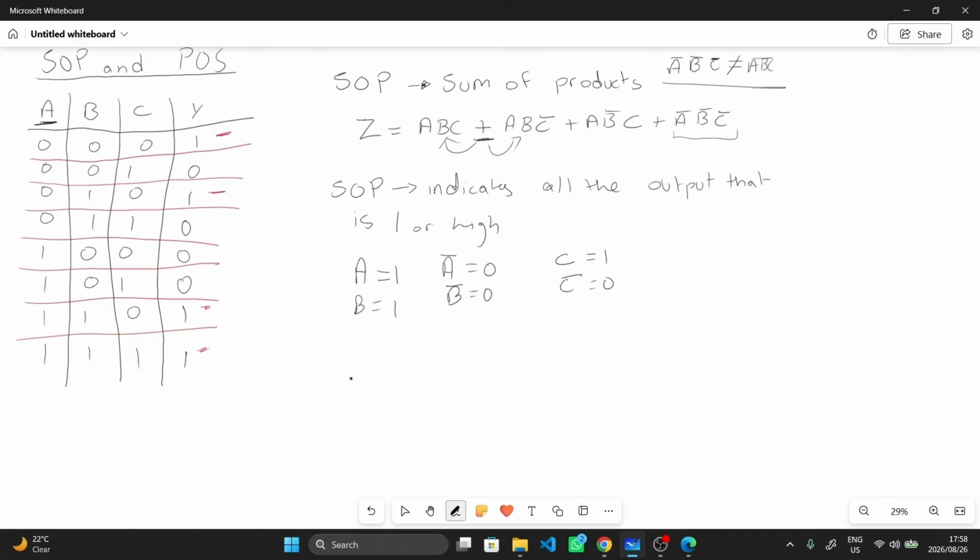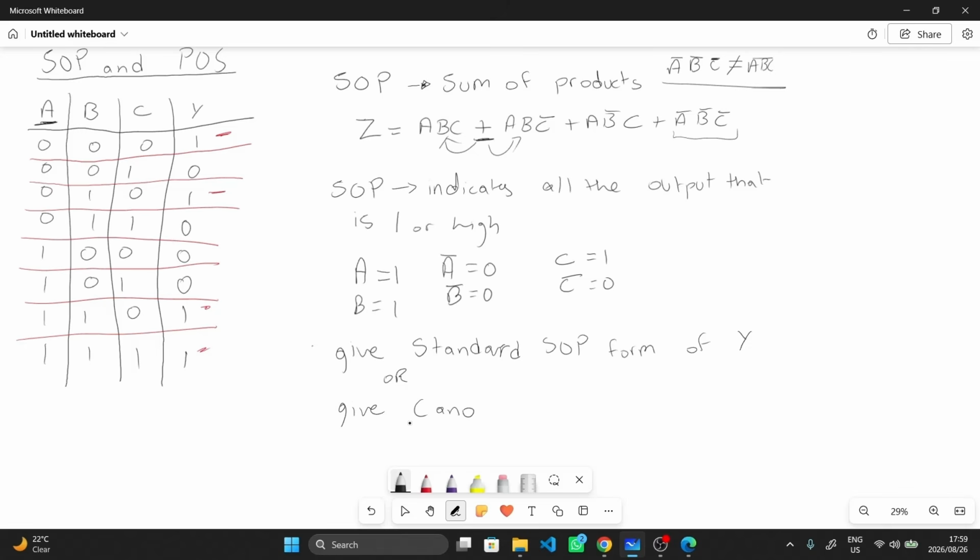We want the SOP form for Y. The way the question is given or asked is maybe: give the standard SOP form of Y.